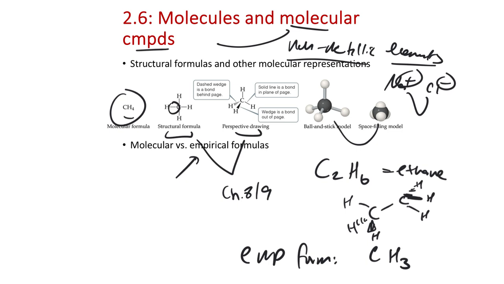So later, when we're trying to figure out the formula of a compound, one of our processes will be to get some information that gives us an empirical formula, then a molecular formula. But there's nothing unique or special about C2H6 being CH3 empirical, but you can say the simplest ratio of carbon to hydrogen in C2H6 is CH3.